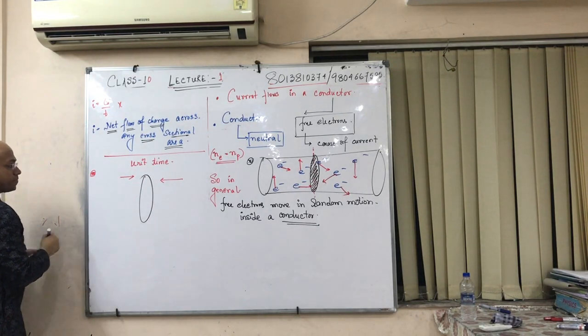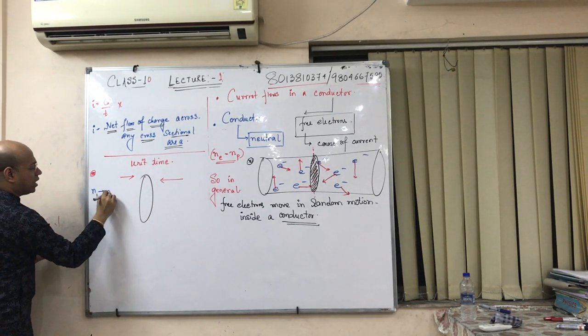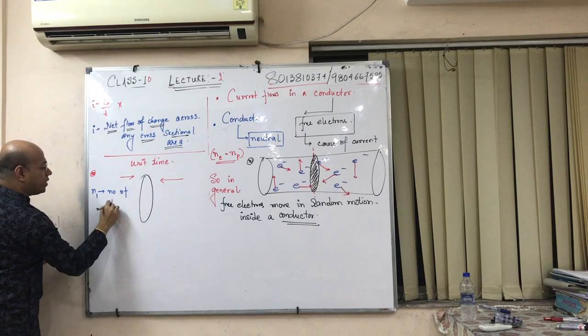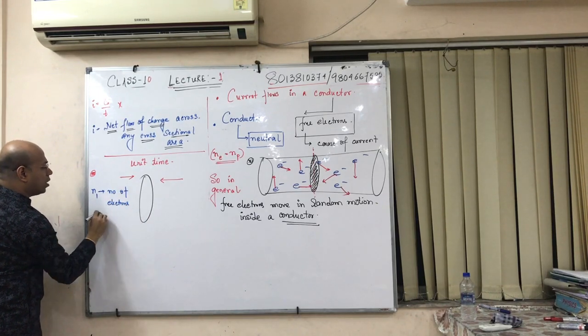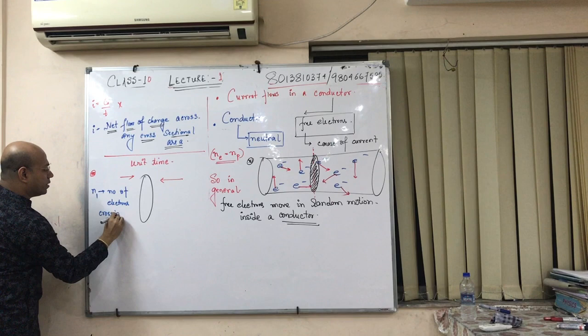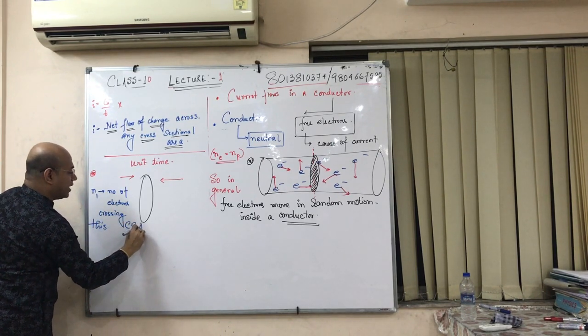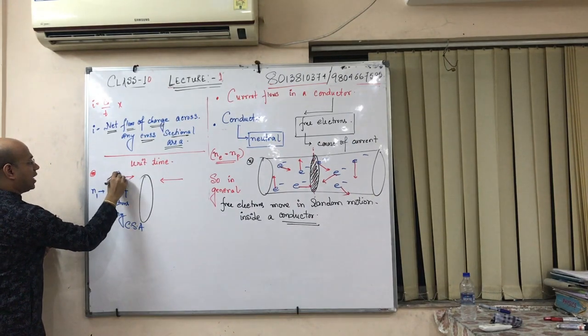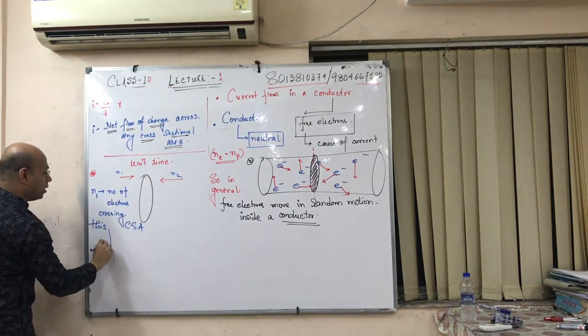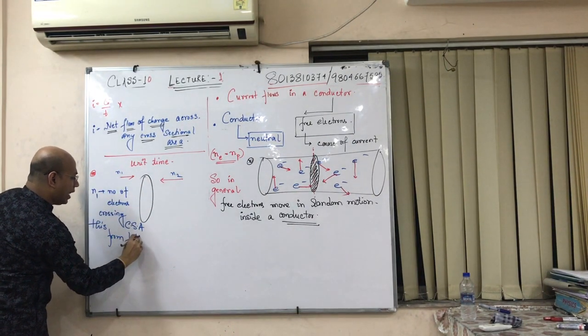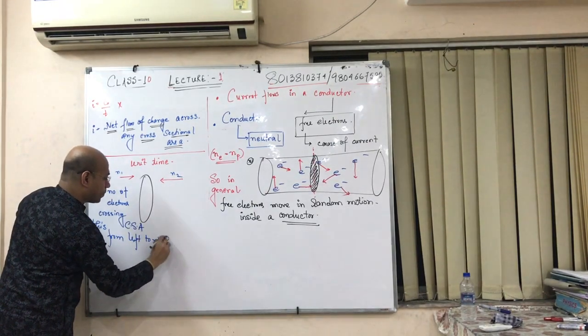Now suppose N1 is the number of electrons crossing this cross-sectional area from left to right.